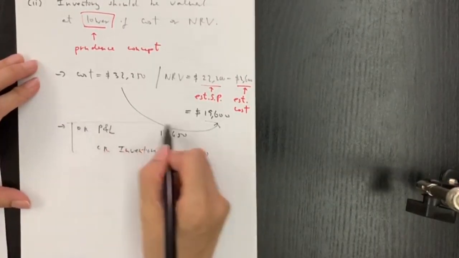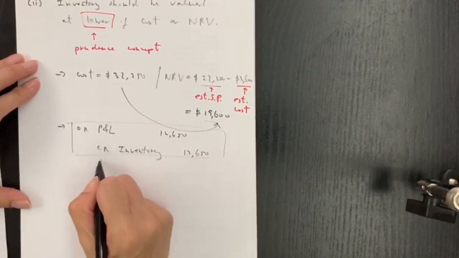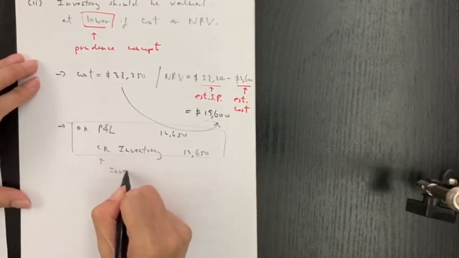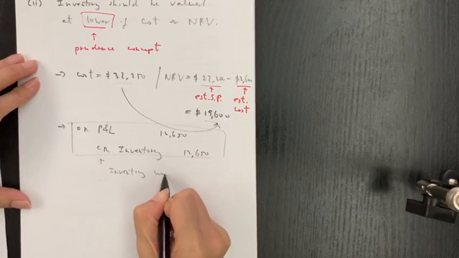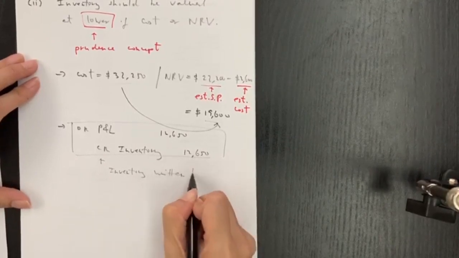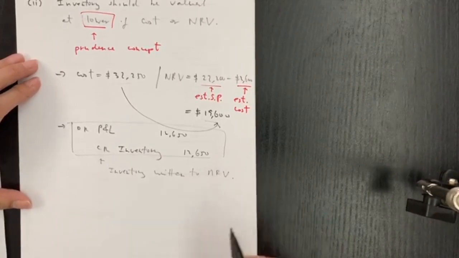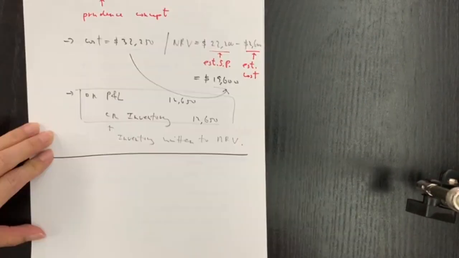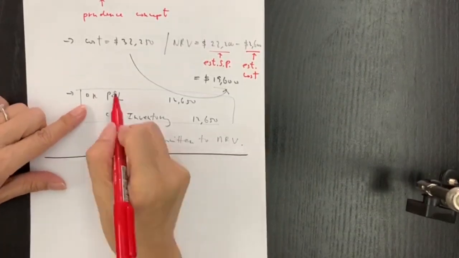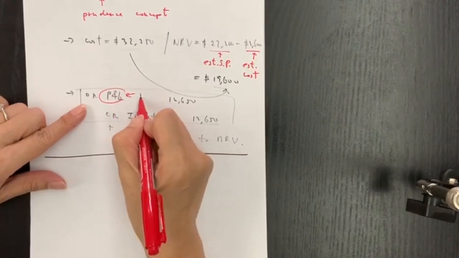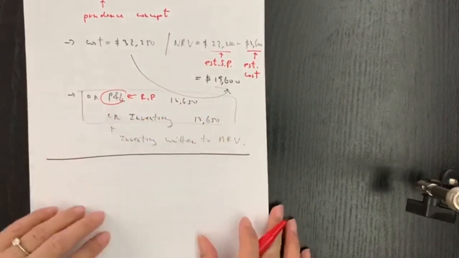And this double entry is related to inventory written down to net realizable value because of the prudence concept. And be careful when we show the answer, this should be changed to retained profits.